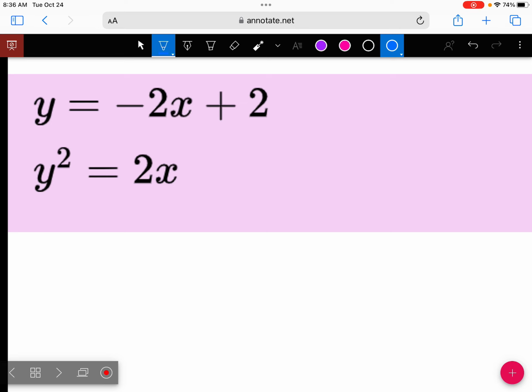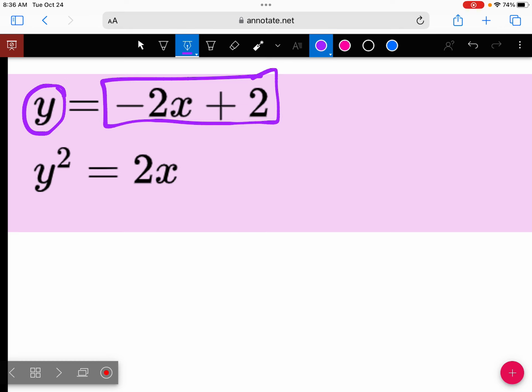It doesn't change what we do. We're still going to substitute in my y equals in place of the y. We just have to be really careful because my y equals this is going into the piece that's being squared.